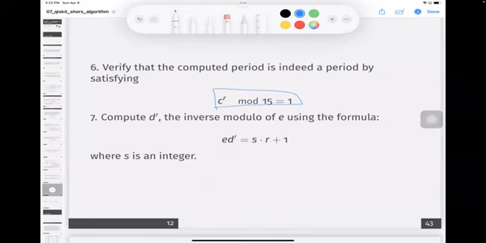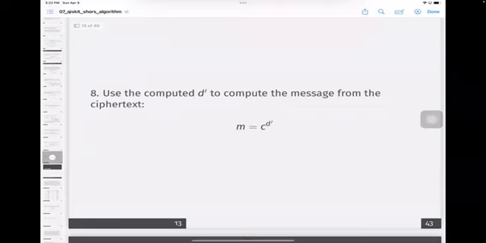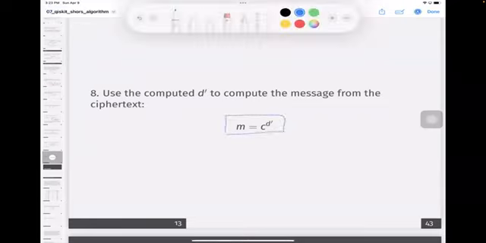And then you compute the inverse modulo of e using this formula. Once you get d prime, you can then use d prime to compute the plain text. So this is now your plain text. So that's as far as the theory.